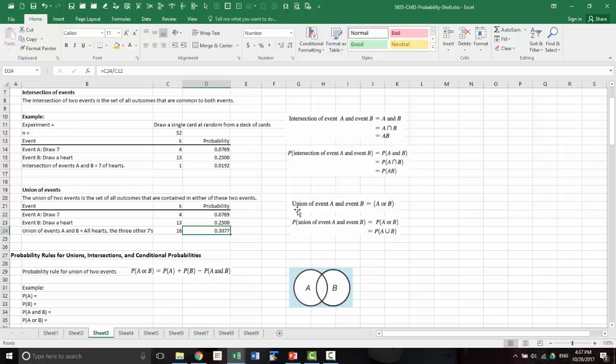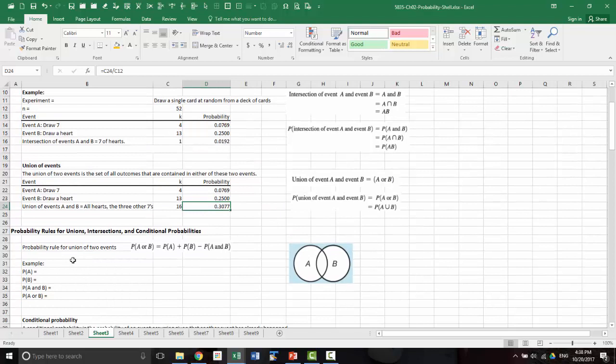For union, you can represent the union of A and B as A or B, or A with a U and B. The probability of the union will be written in this fashion. The rule for the probability of a union is easily understood.